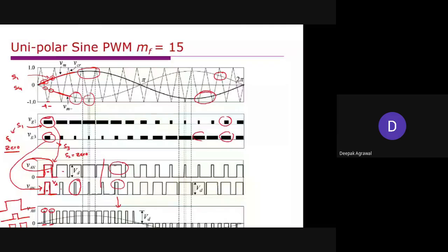In the positive half cycle, the widths are more in the upper switch, that is the S1 gate signal. These widths are more when compared to this, right? That means S1 and S4 widths are more when compared to this one. Whereas in the negative half cycle, these widths are narrower when compared to this.